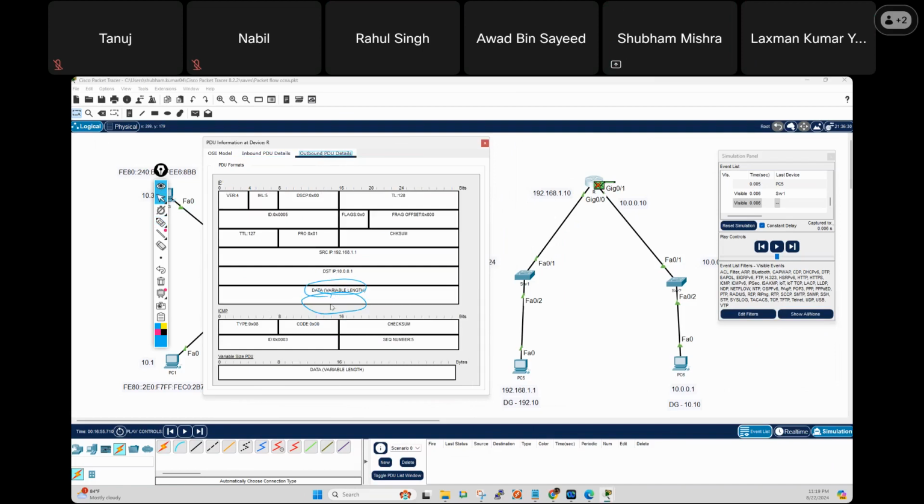Now open this one. What is the source IP address? The same, 192.168.1.1.